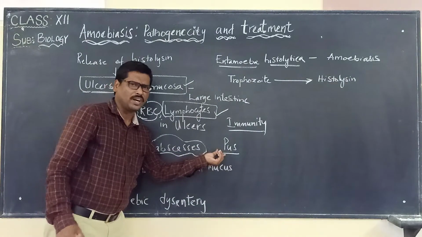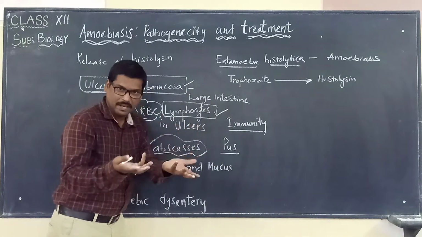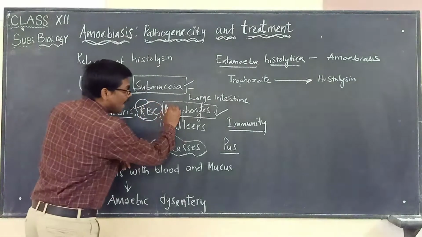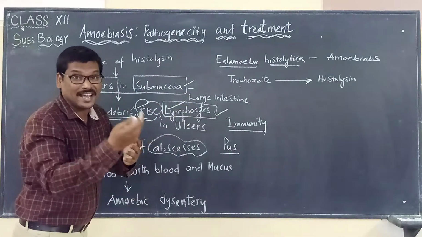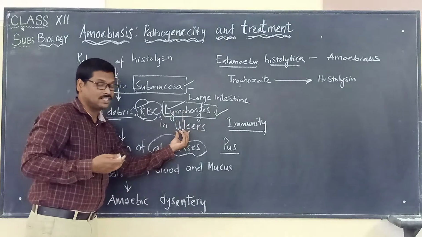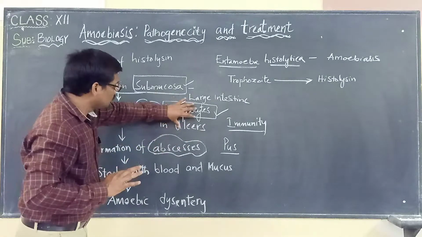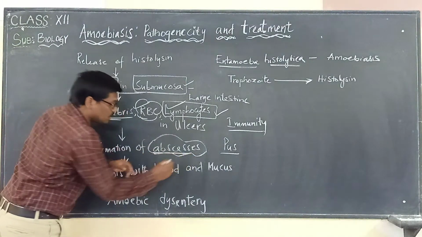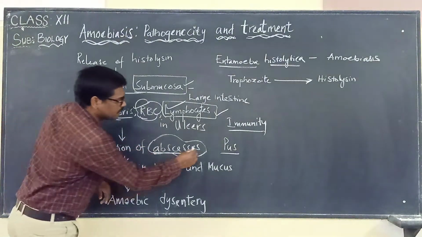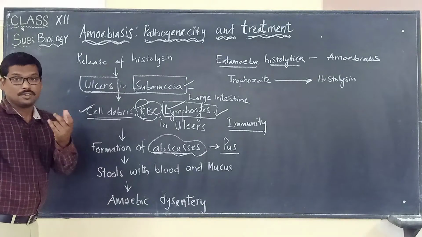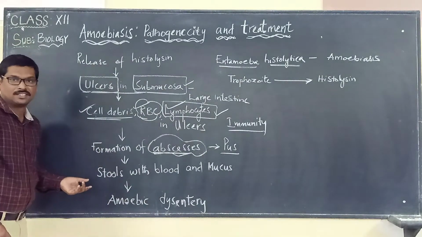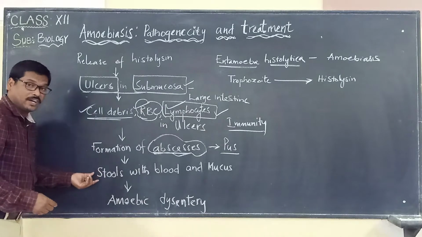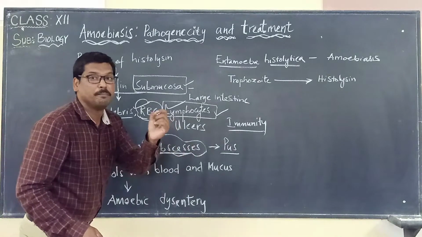What does this pus consist of? This pus consists of nothing but the cell debris, RBCs and the lymphocytes that are trying to attack the pathogen that is present and causing the ulcers. All these lead to the formation of abscesses, which is nothing but pus, and because of that the individual will pass stools with blood and mucus.